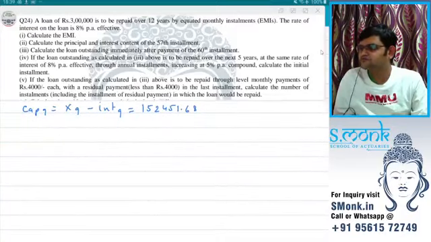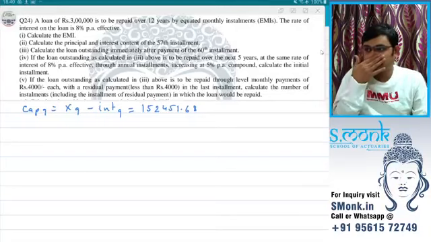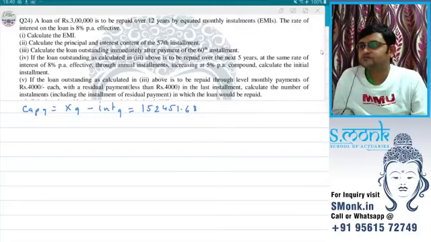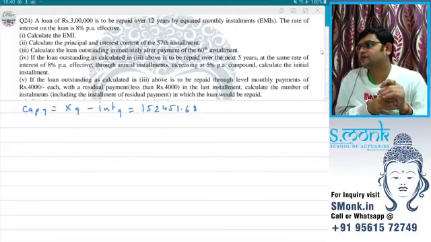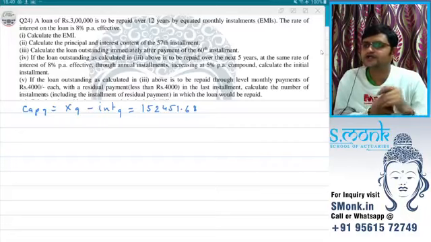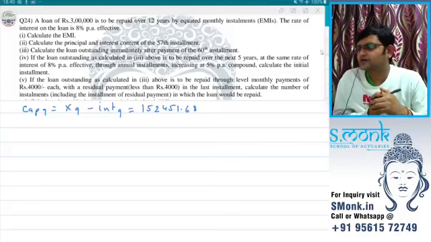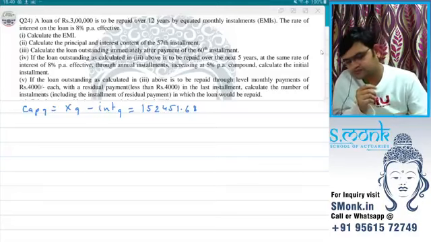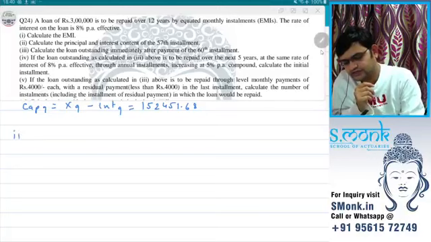Calculate EMI, principal and interest component, 57th installment. Calculate the loan outstanding immediately after the payment of 60th installment. If the loan outstanding as calculated in part 3 above is to be repaid over the next 5 years at the same rate of interest of 8% per annum effective through annual installments increasing at 5% per annum compound, calculate the initial installment. This is actually very straightforward.